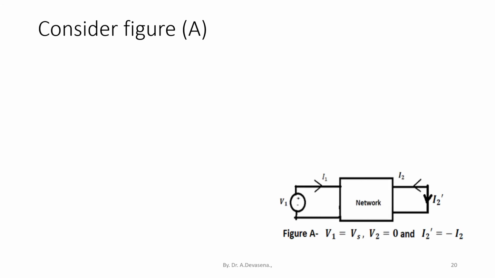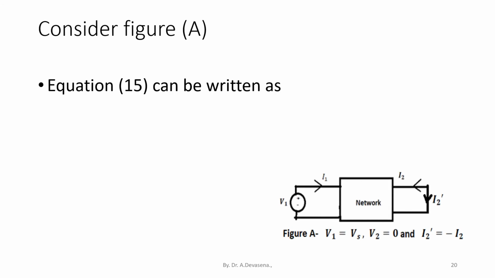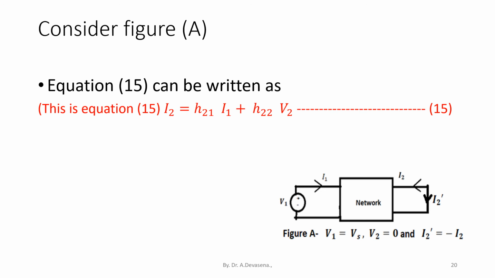Now equation 15 is I2 is equal to h21 I1 plus h22 V2. Here we put V2 is equal to 0 and substitute the value of I2.